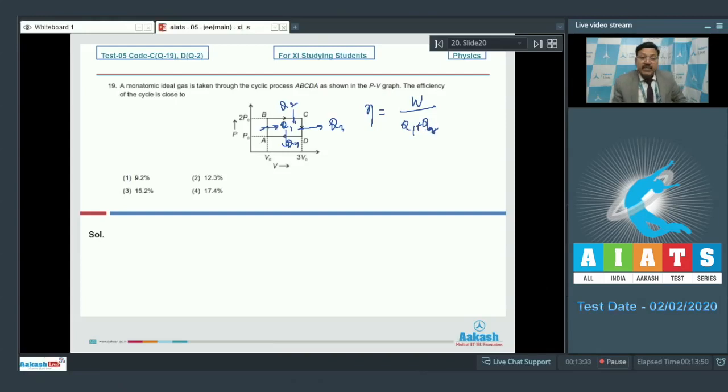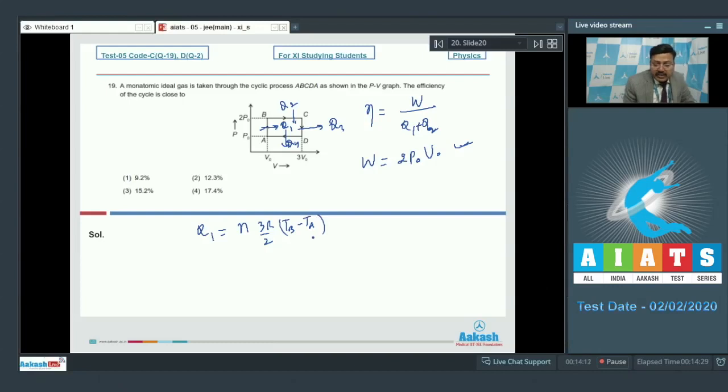Now we can easily find the value of work done by the gas by taking the area of the rectangle, and we can see that it is P0 into 2V0, so that means it is 2P0 V0. That is the work done in the cycle by the gas. And let's now evaluate Q1 and Q2. So it's an isochoric process, the process AB. So Q1 is n Cv delta T, where Cv for a monatomic gas is 3R by 2, and delta T is TB minus TA.